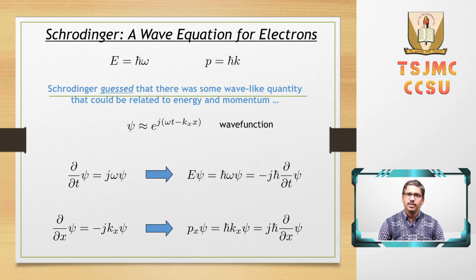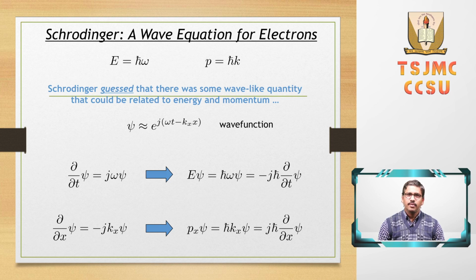We take the coefficient of time outside, because we are taking a time derivative. So it's j omega and the exponential term, which we can again write as psi. So j omega psi. And we know E psi equal to h cut omega psi, which is equal to minus j h cut, that is the reduced Planck constant, del psi by del t.